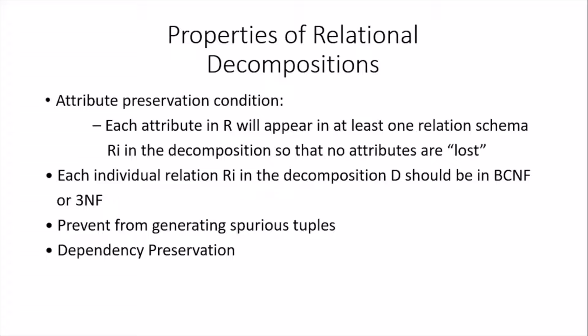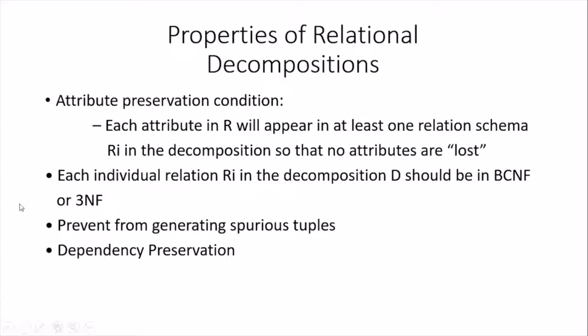That is known as the attribute preservation condition. That is, each attribute in R will appear in at least one relation schema Ri in the decomposition, so that no attributes are lost. Which means you should not lose any of the attributes.